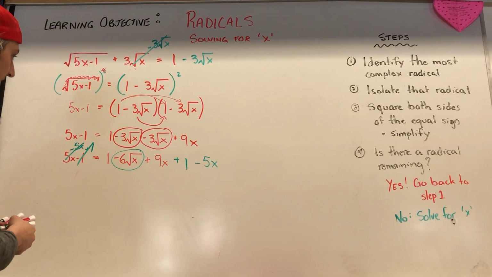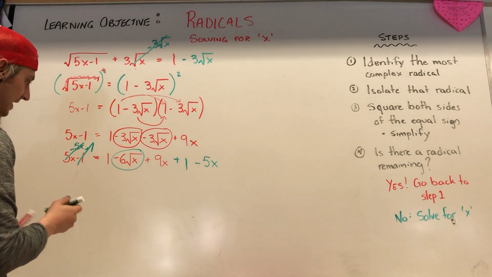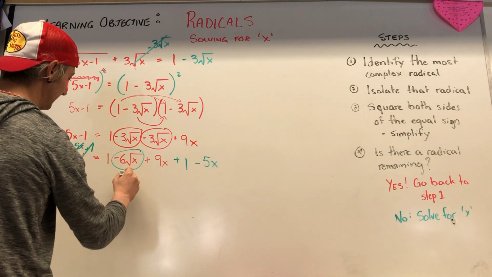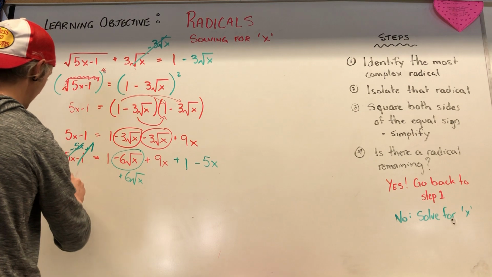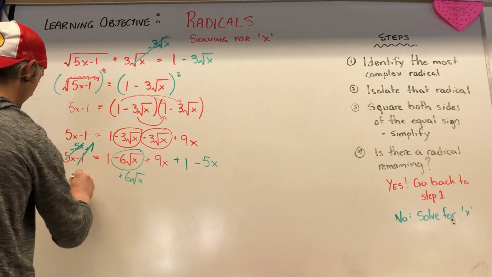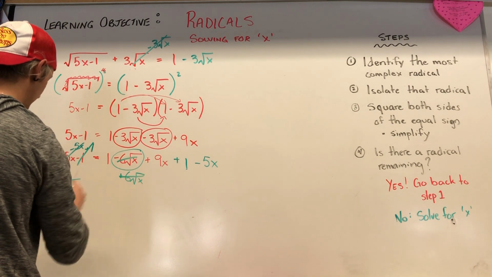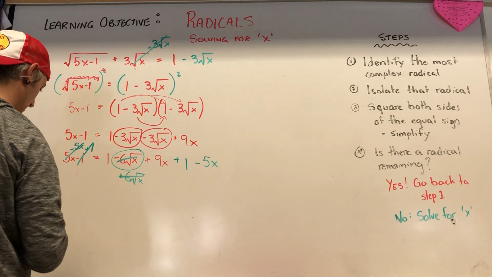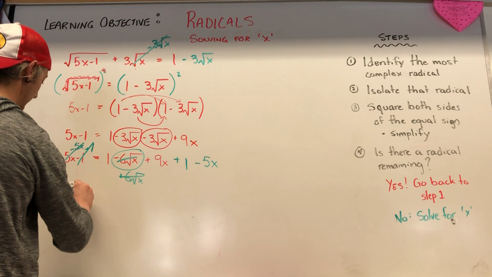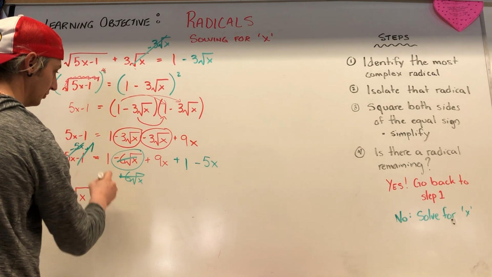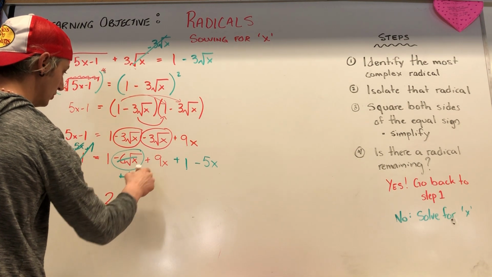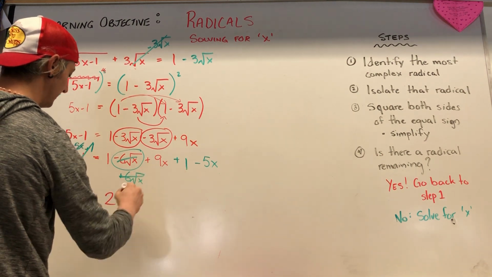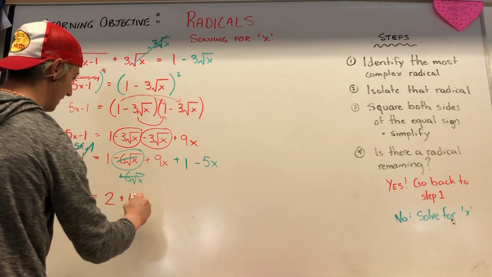Then I'm going to add 6 root x on this side, and I'm going to add 6 root x on this side. So that cancels, and I am left with 6 root x is equal to 2, 9 minus 5 plus 4x.